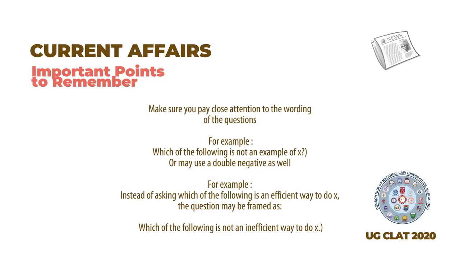For example, which of the following is not an example of X? Or may use a double negative as well. For example, instead of asking which of the following is an efficient way to do X, the question may be framed as which of the following is not an inefficient way to do X.